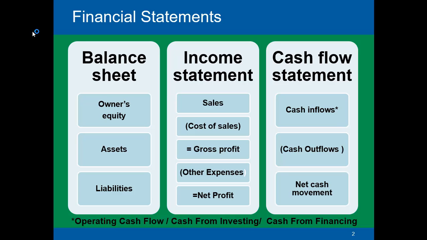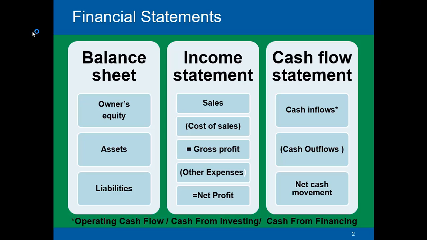Now, a company may require to invest money in new assets for doing business because the assets need to be replaced after they have been used. So the cash flow from investment will generally represent how much cash has been used for investment purposes in form of fixed assets, current assets, or sometimes if the company has surplus cash, it may invest into certain fixed deposits, bonds, or shares where they earn a return.